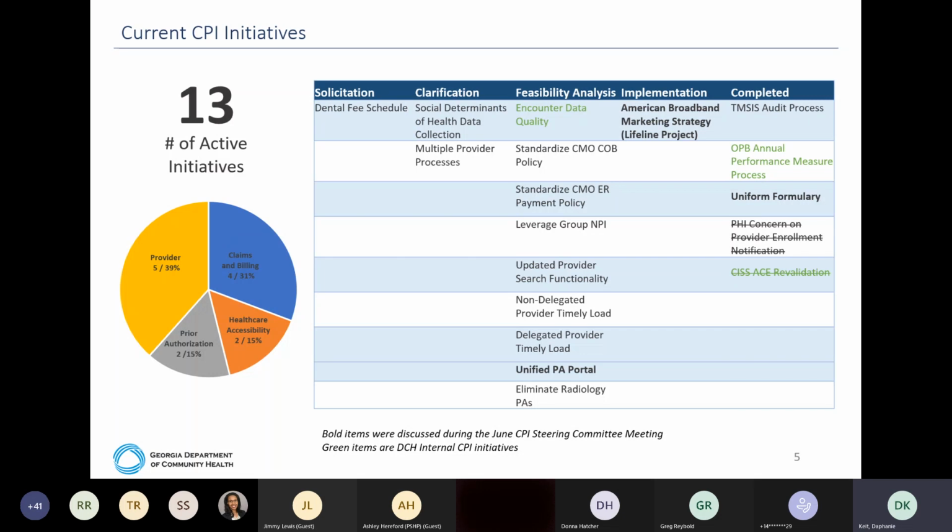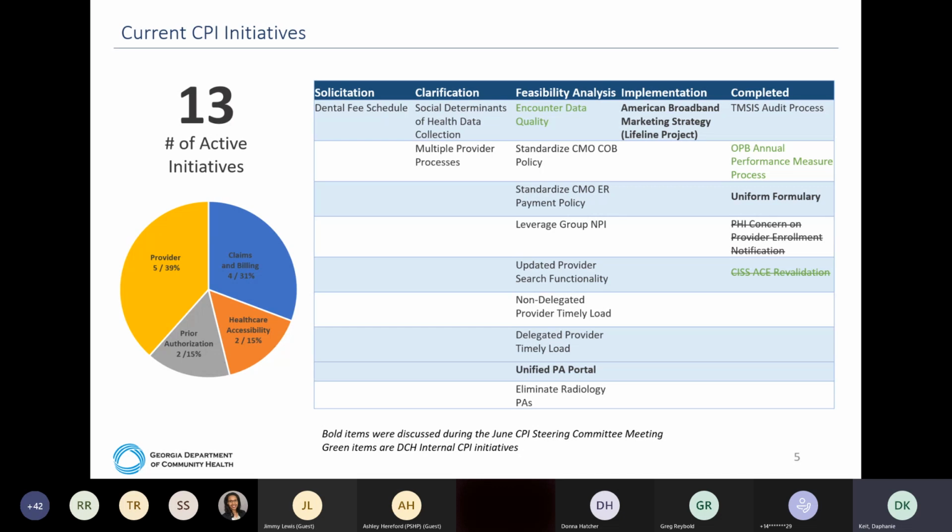In clarification, we have the SDOH data collection, which is also on pause because the healthcare accessibility work group, most of those efforts have been placed on the Lifeline project, which I'll talk about in just a little bit. So that one is still in clarification. And then we have the multiple provider processes.